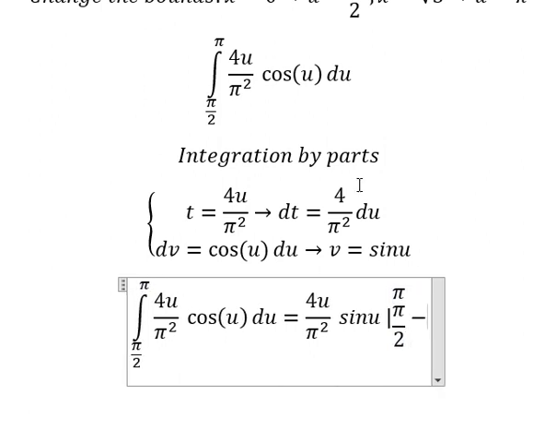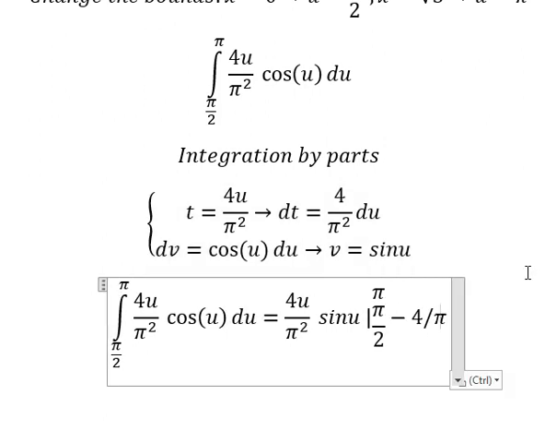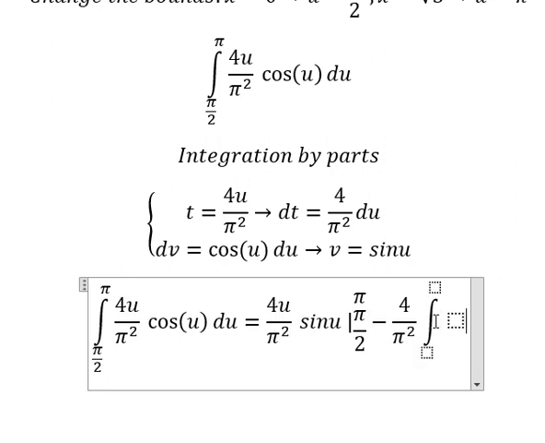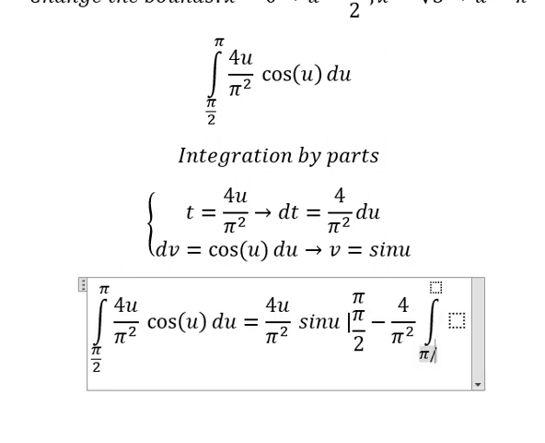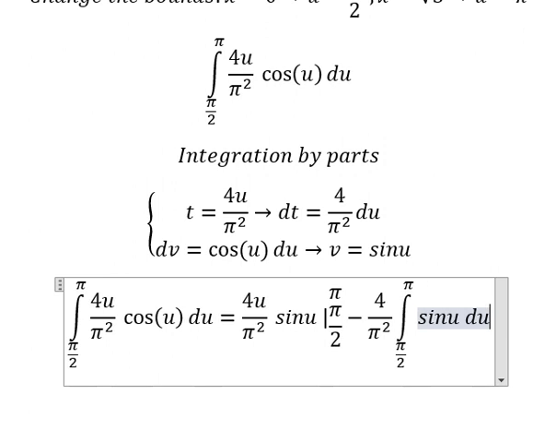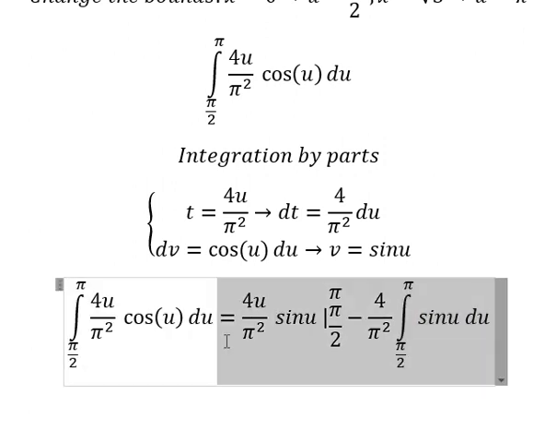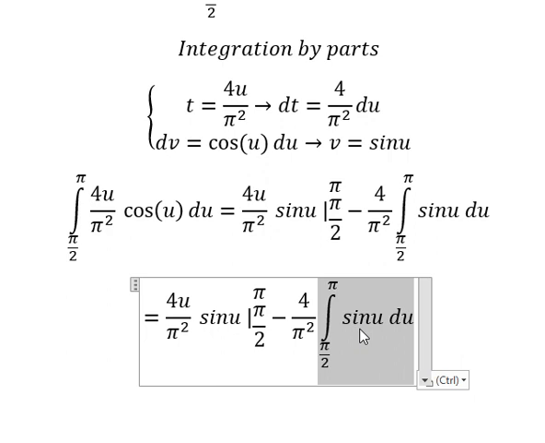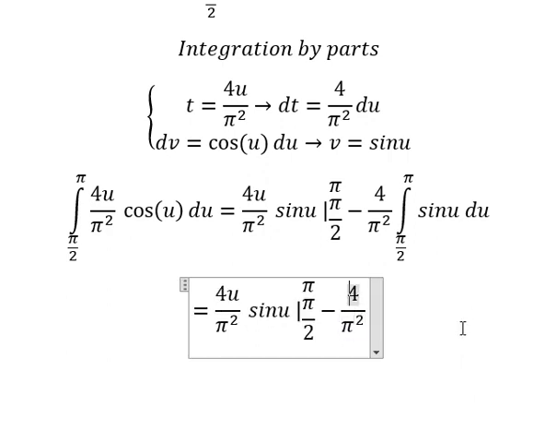Minus, we have dt multiplied by v. So we have the integration from b over 2 to b, and then we have sine u du. So the integration of this one with the negative is positive cosine u.